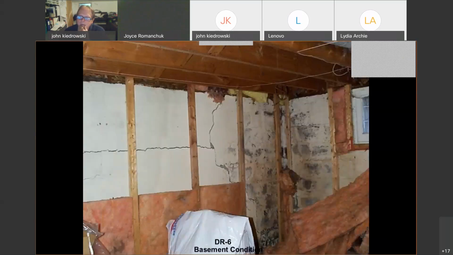Here's a basement. The insulation's been removed because they are going to do some, I guess, remodeling in this particular basement. But look at the cracks in the foundation, concrete block foundation, major cracks. Maybe the wood framing itself is actually helping to stop that basement block wall from bowing.